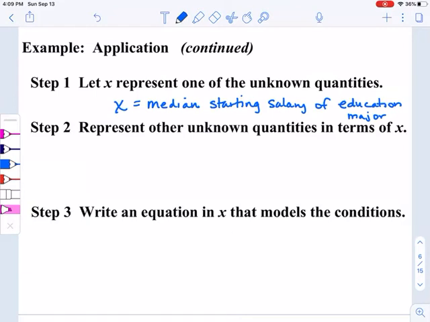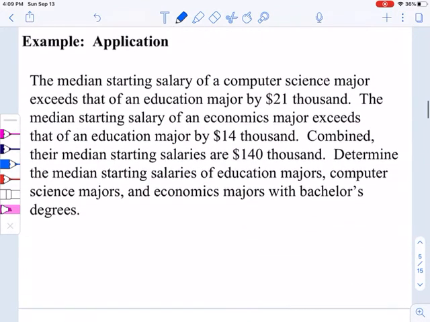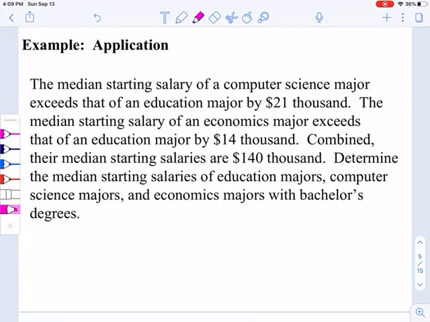It says step 2, represent other unknown quantities in terms of x. So I'm going to take a little look back up here. The next one they tell us about is computer science, which exceeds the education major by $21,000. That means our computer science person, our other unknown, is going to exceed, meaning add the $21,000 to whatever our education major is, which we called x.